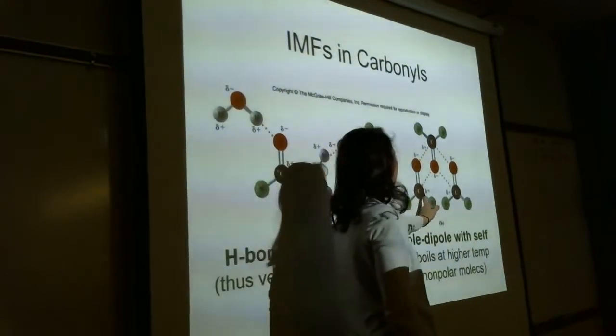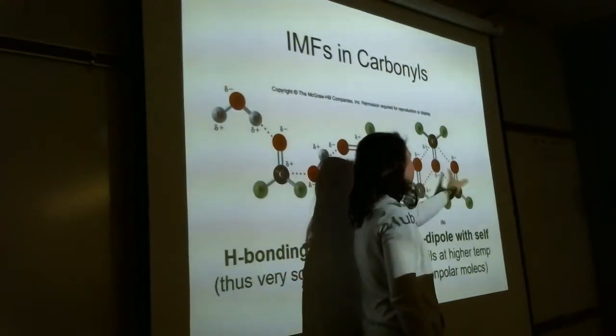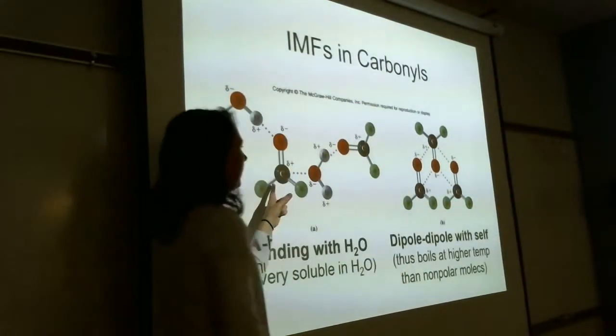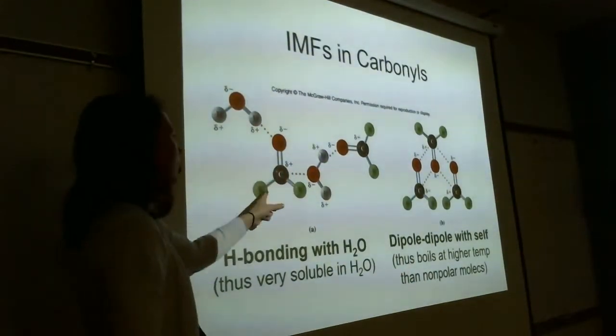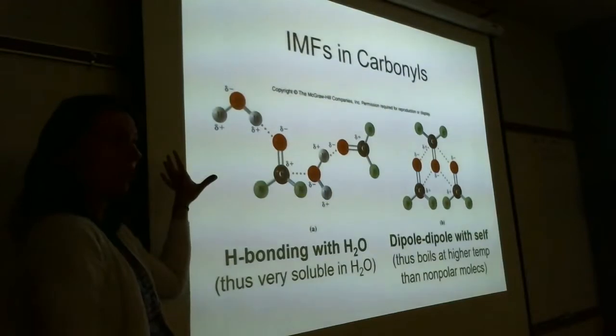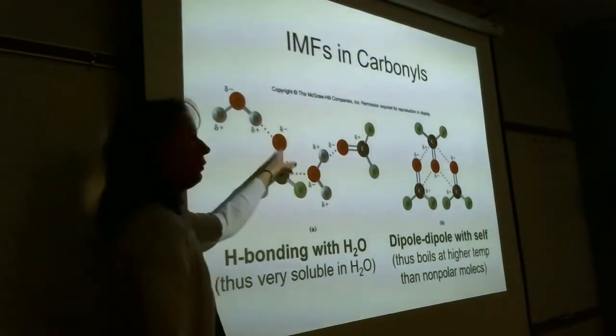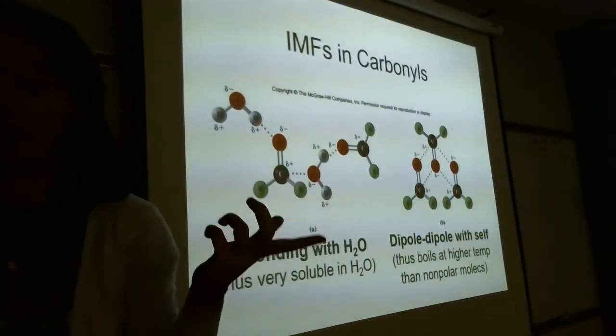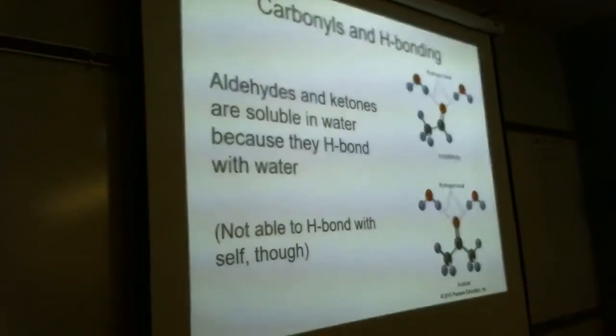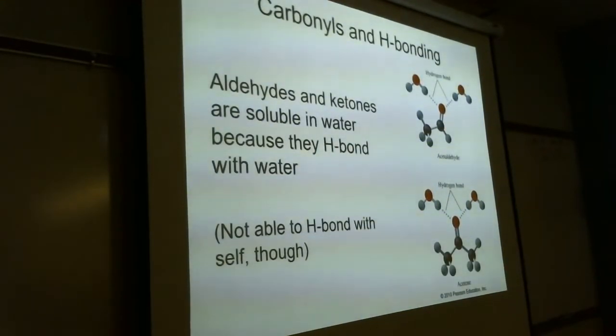A carbonyl can have dipole interactions with itself. But if you put a carbonyl in water, again, assuming that the chain length isn't too long, it can hydrogen bond with water. So if I give you a carbonyl, an aldehyde or a ketone, you don't need to worry about distinguishing those right now.